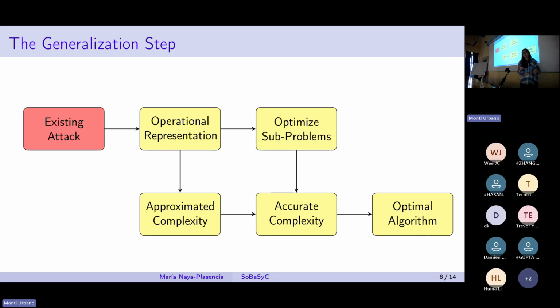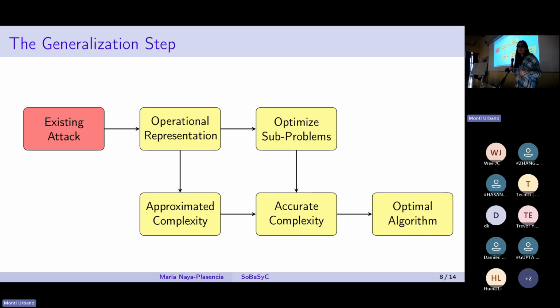Another part that has also been done, but is much more rare, is that once we have done this, we can see very clearly which are the different steps we have to apply in the attack, because most things are represented by the terms in the approximated complexity. And we can identify sub-problems that appear there that are not solved optimally. So we can try to find better ways of solving this, and this may allow us to optimize one of the terms of the complexity.